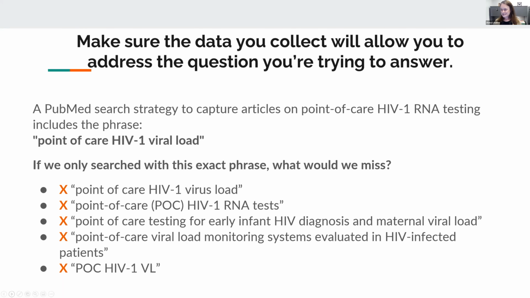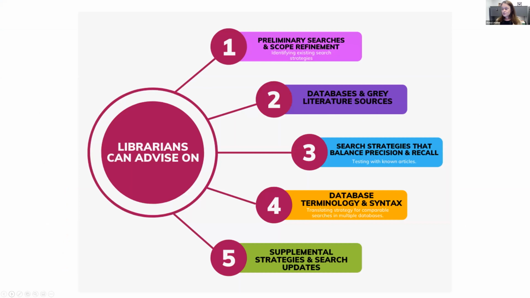This is the fun part. So if you do decide to embark on a systematic review or another type of evidence synthesis, these are the sorts of things that a librarian could advise on. Recommending databases and sources of gray literature, so that could be like dissertations or white papers.